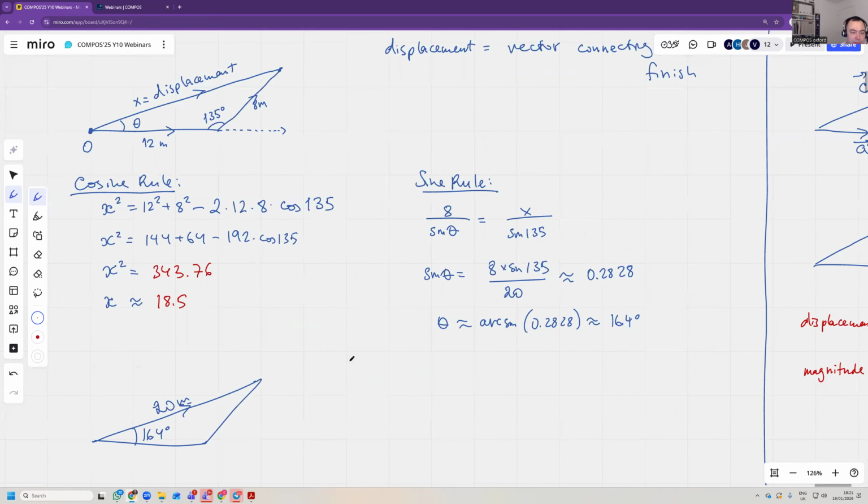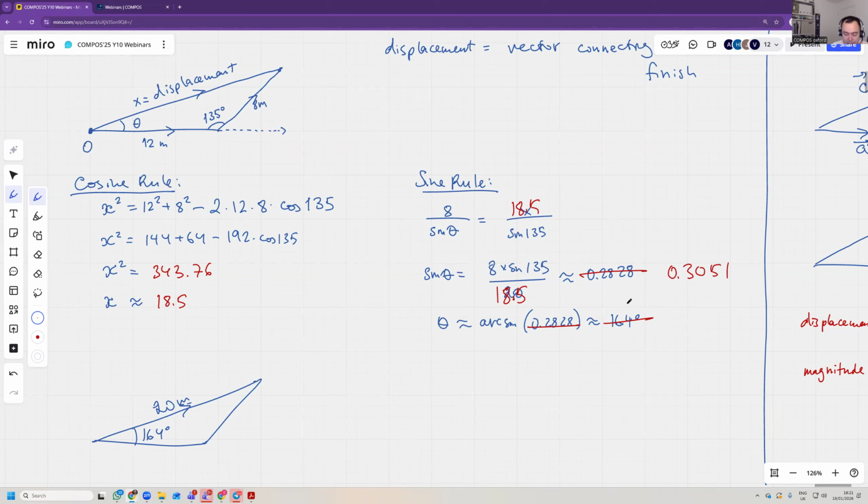And the angle's wrong. So that would be 18.5. So that's the angle. So 8 multiplied by sine 135 divided by the answer, 0.3051.